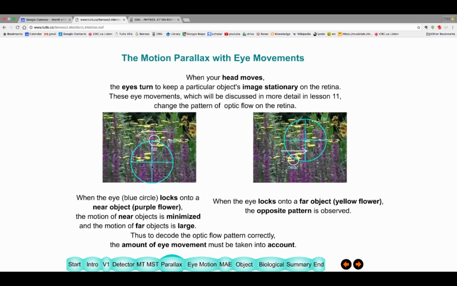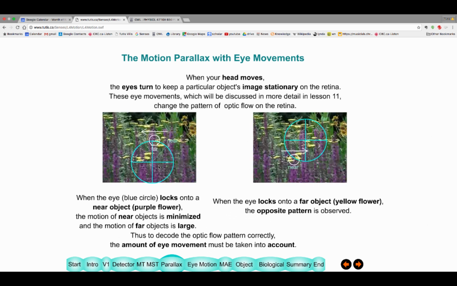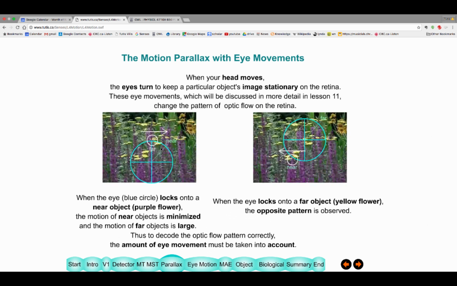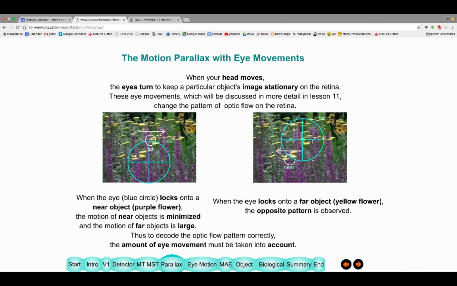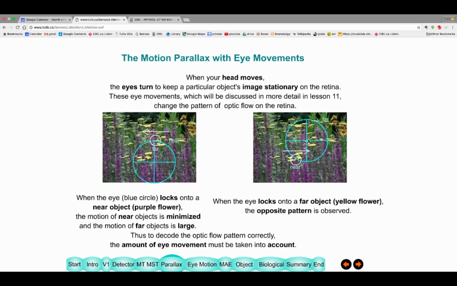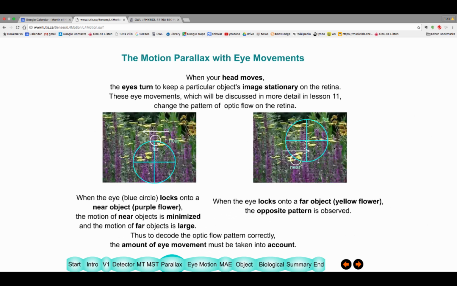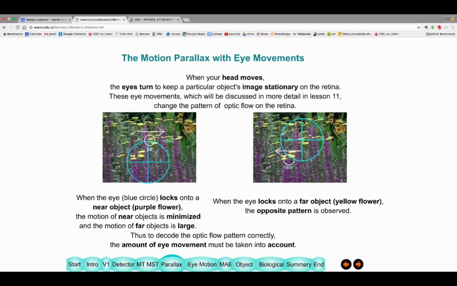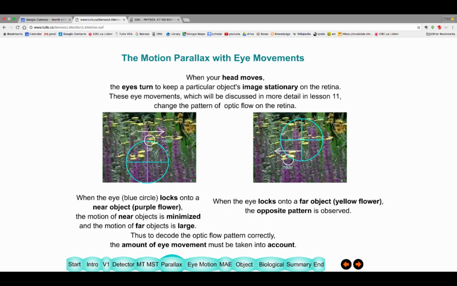When you're looking at the purple flower, you can see that the purple flowers are moving less than the yellow flowers. If, in contrast, you're looking at the yellow flowers, you can see that they move less here through this aperture than the purple flowers. Okay? So it depends where you're looking.